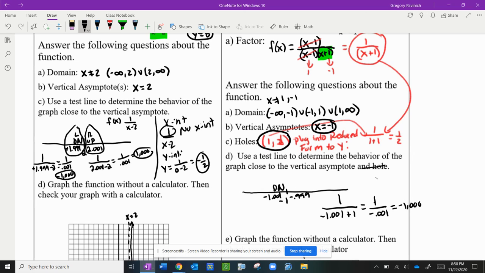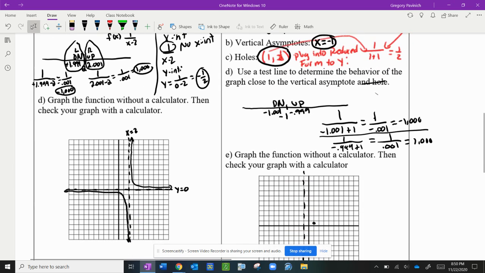And then on the right side, I have -0.999 plus 1. So I get this 0.001 on the positive side. Positive. And so it's going to go up on the right side. It doesn't always go down on the left side and up on the right side, but it does so far.